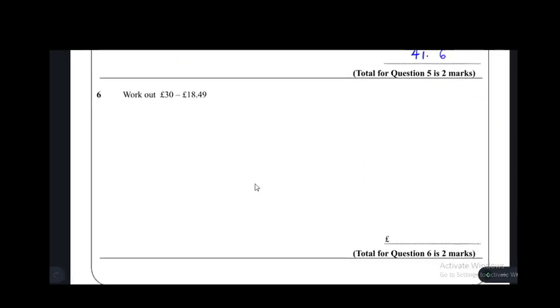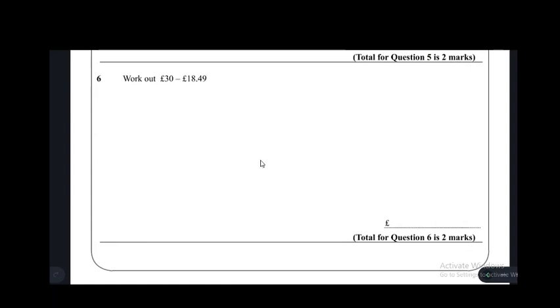Moving on to the next one. This question is dealing with amounts, and in this case we have pounds. So we have 30 pounds take away 18 pounds and 49 pence. In that case, we are still going to do the same thing. We are going to align this.